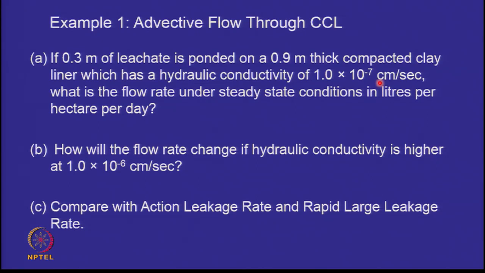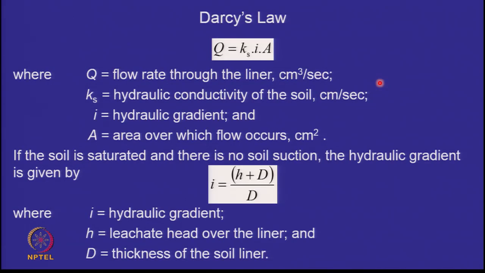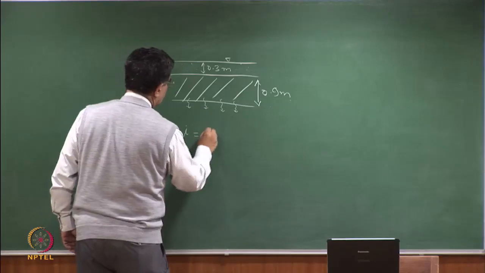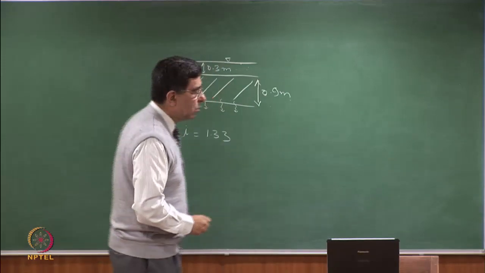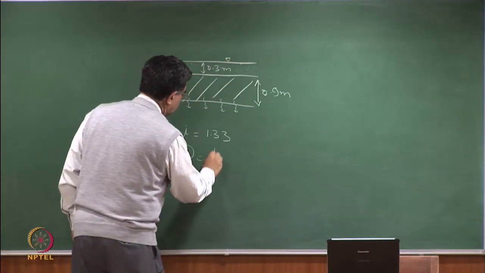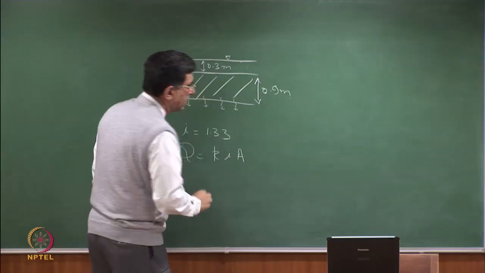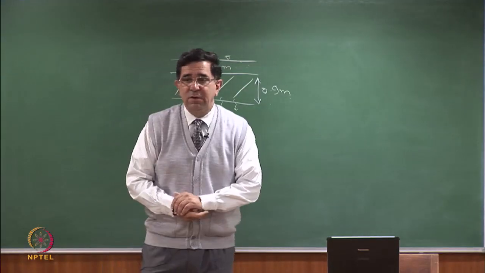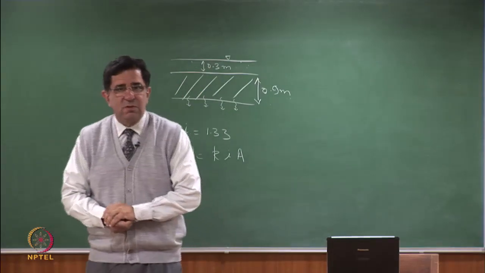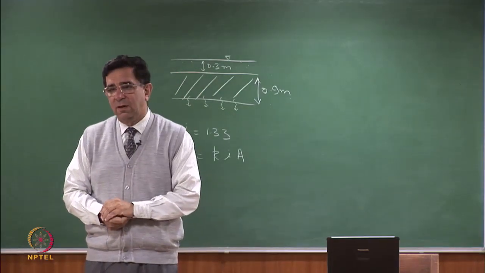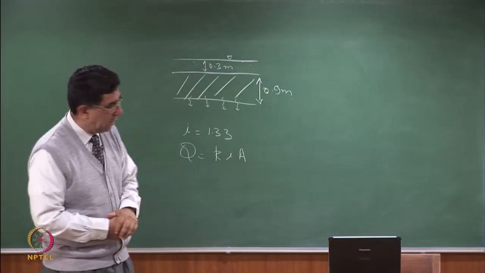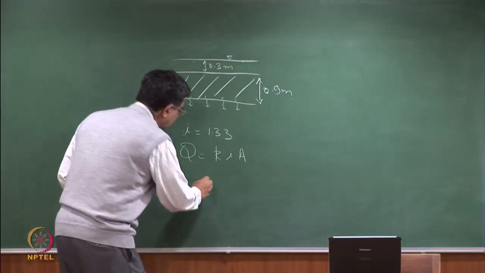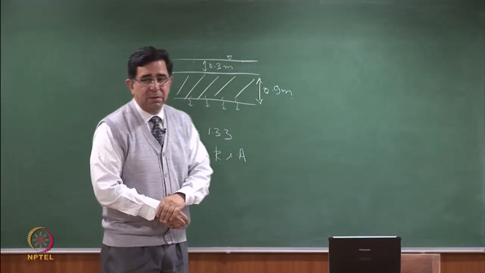So if you put in these values, what is the value of i that you get? i is equal to... and with that you can do Q is equal to... and all you have to do is convert it to liters. So 1000 cc equals 1 liter, if you recall, and 10 to the power of 4 square meters is 1 hectare. So can you give me a value which you get in liters per hectare per day?